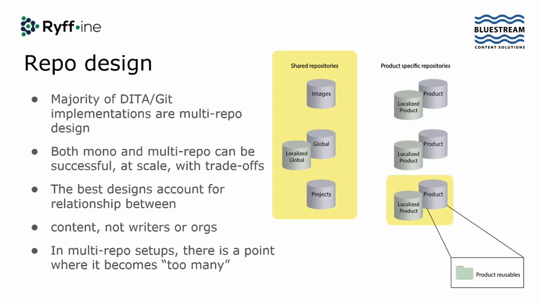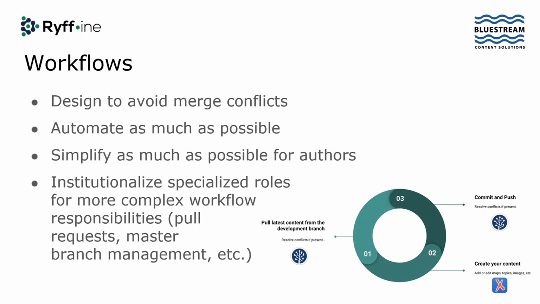We recommend that you sketch out a couple different repo designs, a couple or three, and road test them. That's the great thing about Git: you can spin up a bunch of repos real quick, run some content through it, do some role playing and ask, where are we going to get screwed here? That's what the due diligence is all about.